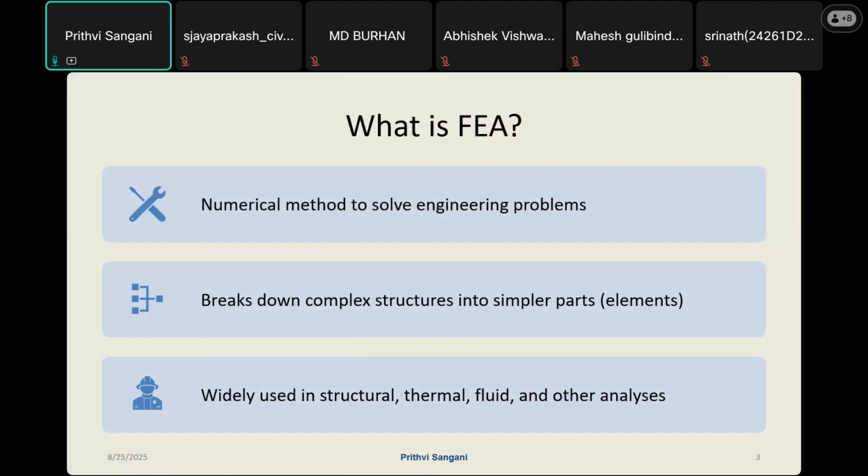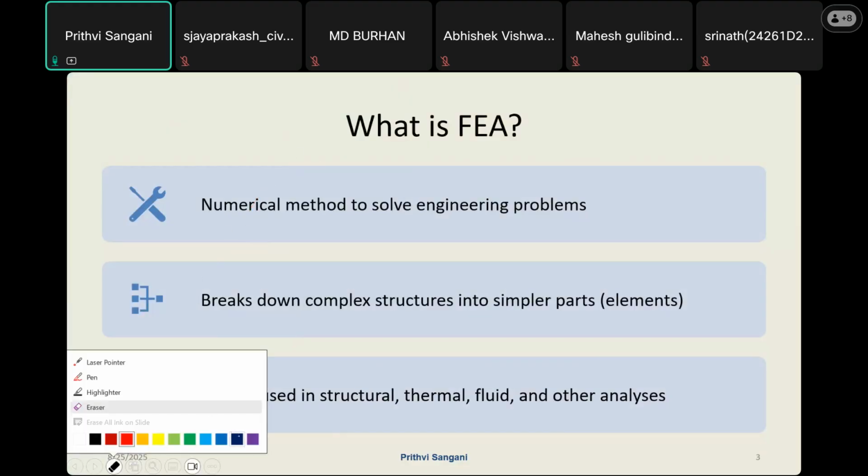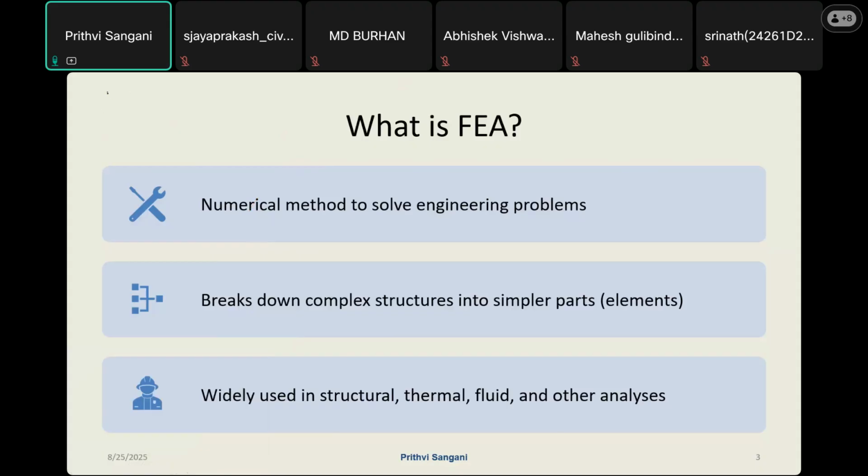Broadly, first one is experimental methods. Second, we have analytical methods. Third, we have the FE method.